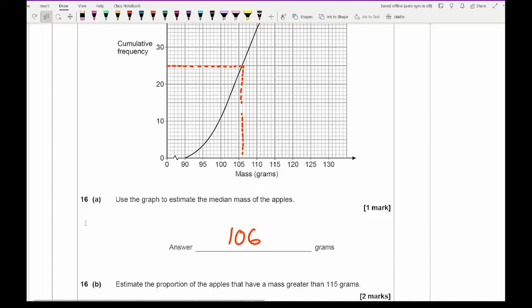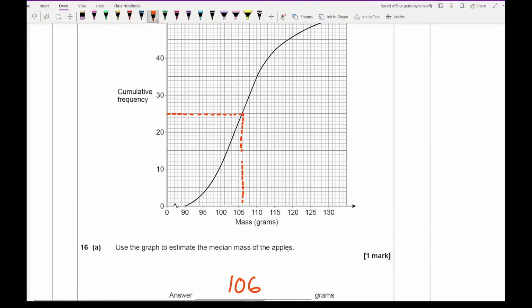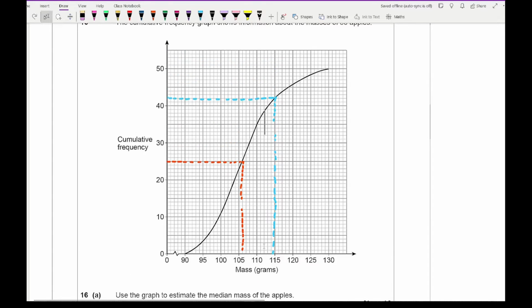Next question then says estimate the proportion of apples that have a mass of more than 115. So what we need to do here is find 115, which is just there, and again just do my rough line, then project across, and then we take that away from the total, which is 50.